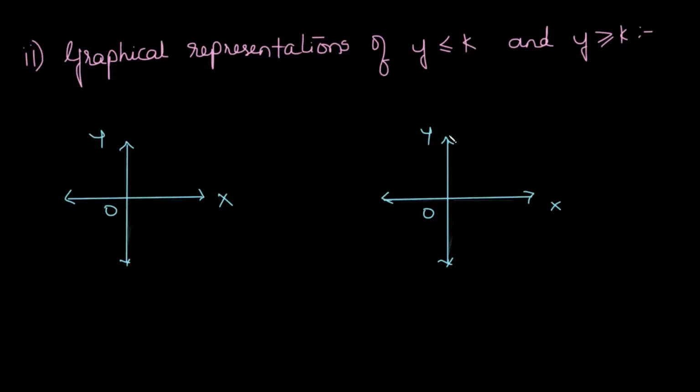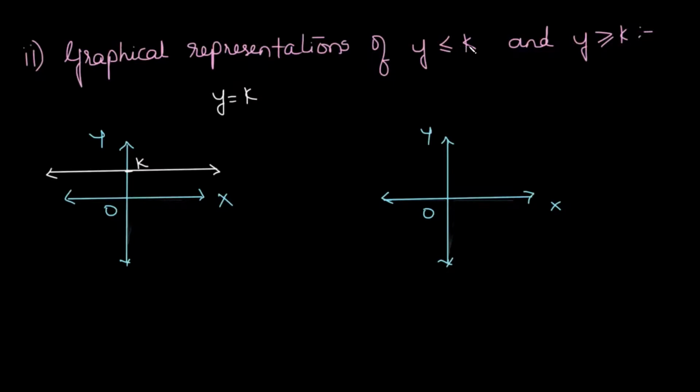The second case, y less than or equal to k and y greater than or equal to k. In this again, if this is k on the y-axis, then we draw a line which has the equation y is equal to k. That line is obviously going to be parallel to the x-axis. The equation of this line is y is equal to k.